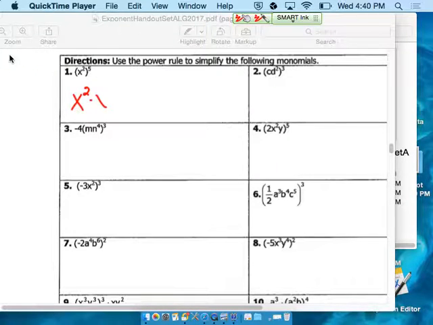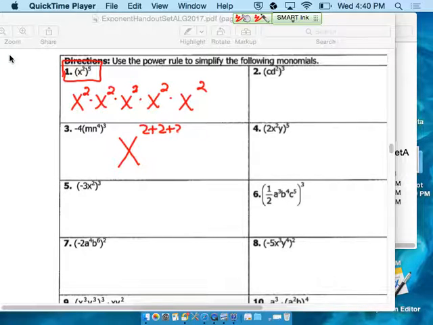I will write this in its expanded form just to make sure that you've had a chance to see this. And you don't have to do this, but I'm just explaining once again why it works. So this notation is telling me to take x squared and multiply it times itself 5 times. So to use the first property of exponents, that means I would be adding 2 to itself 5 times.